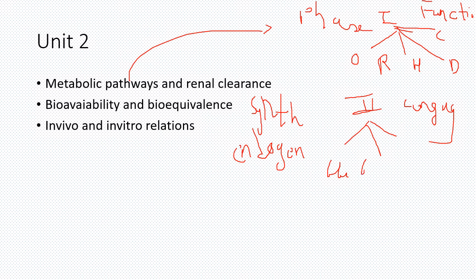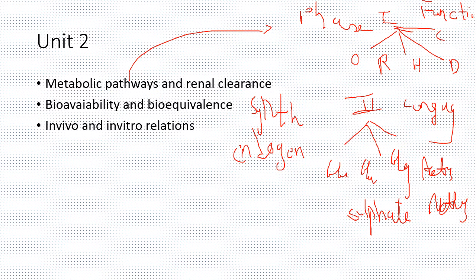Glucuronidation, glutathione, glycine, acetylation, methylation, sulfation. These are some of the phase 2 reactions. Also, we have two types of enzymes, that is microsomal and non-microsomal.